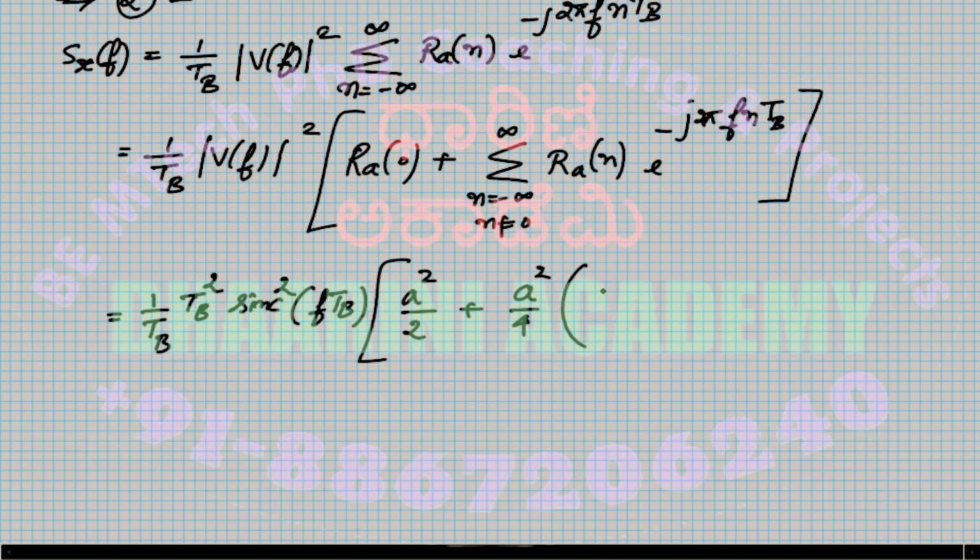That summation is nothing but sum of n equal to minus infinity to plus infinity, n not equal to 0, into only the exponential term remains, e to the power minus j 2 pi f n TB.